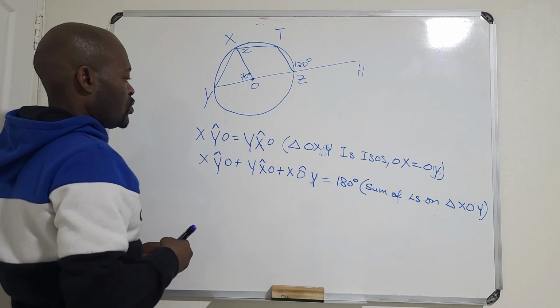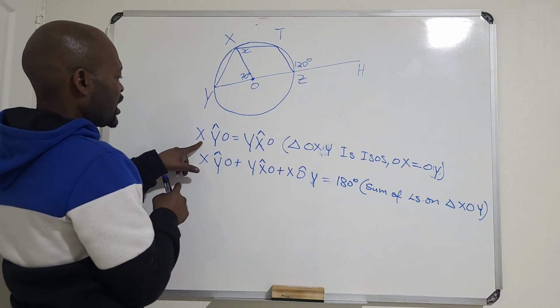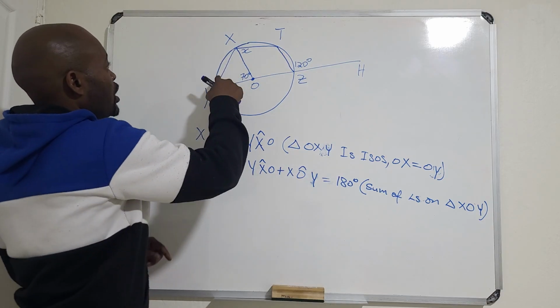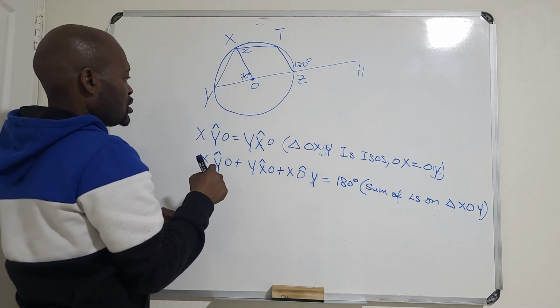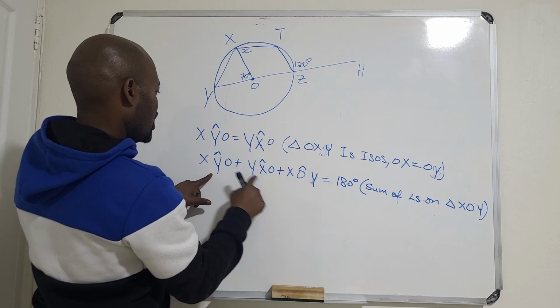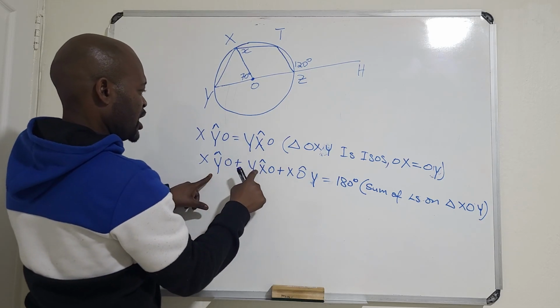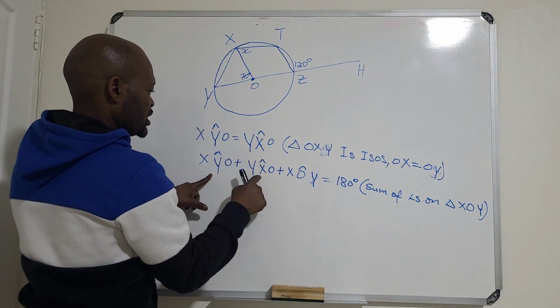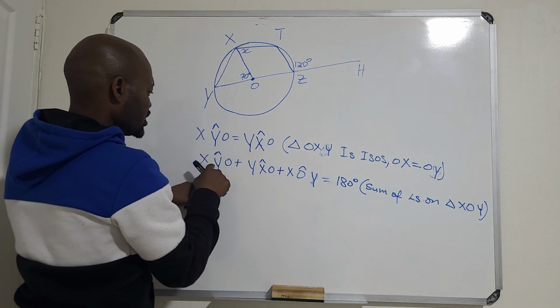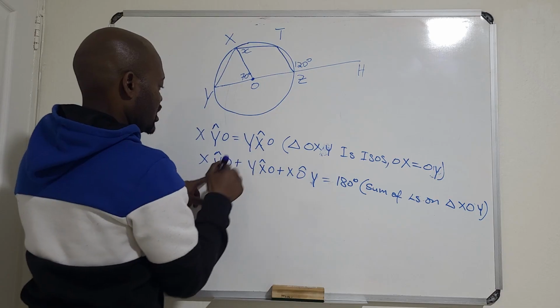Now, this angle XYO is equal to that angle. So here I can put this plus this. This here is the same as saying this plus this, because this is equal to that.